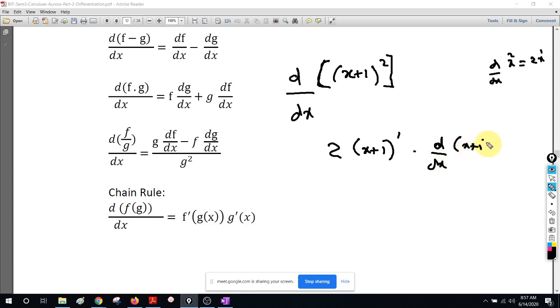So then the final answer is, of course, d by dx of x plus 1 is 1 plus 0, which is 1. So the answer is this. Right? That is how you use the chain rule. At first it looks weird, but once you do a few examples, you will get it.